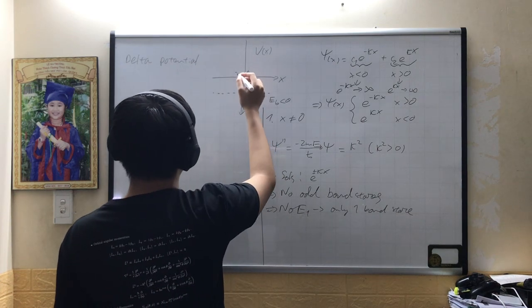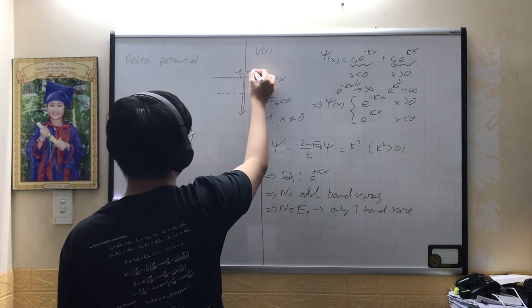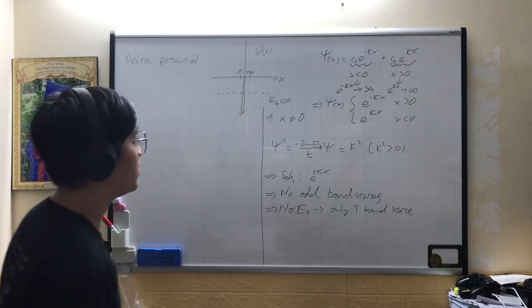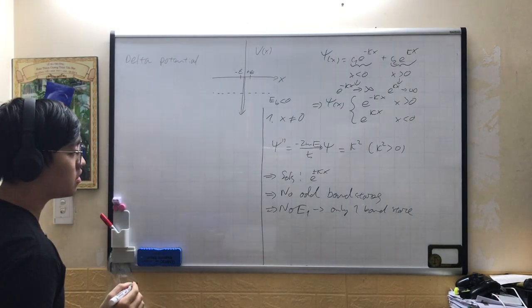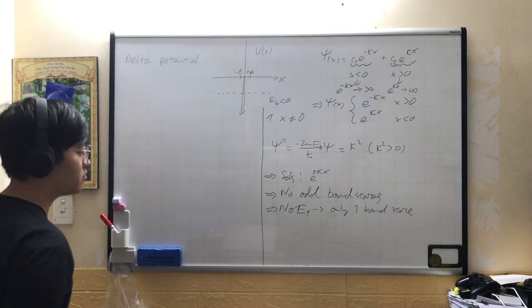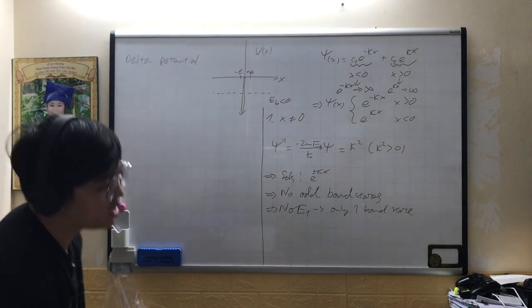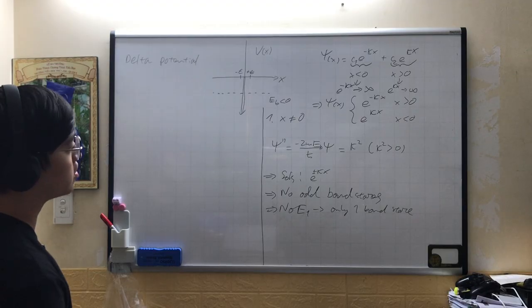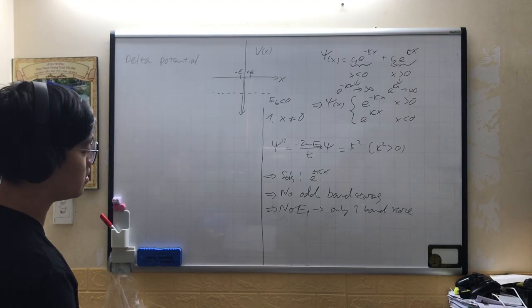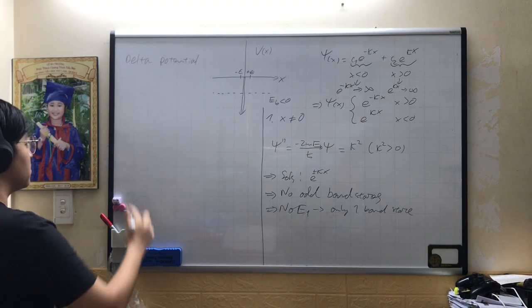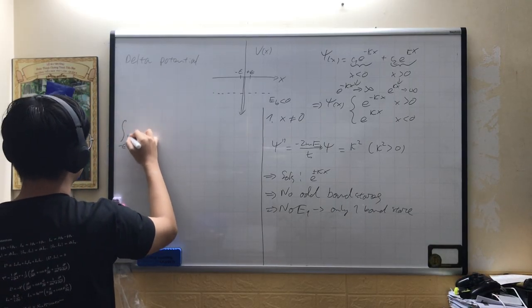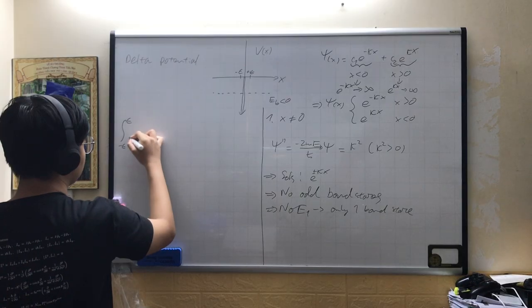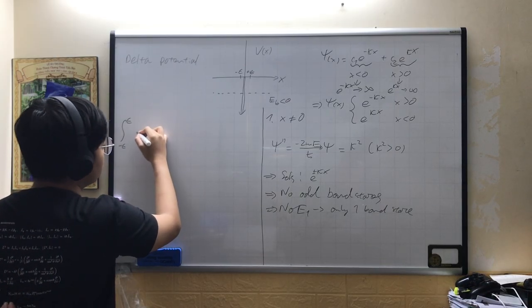So I'll call this epsilon. This point would be epsilon, so you would want to integrate your whole Schrodinger equation, you just want to integrate your Hamiltonian from minus epsilon to epsilon. So you're gonna integrate your Hamiltonian.